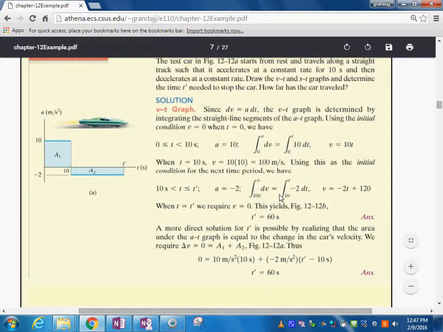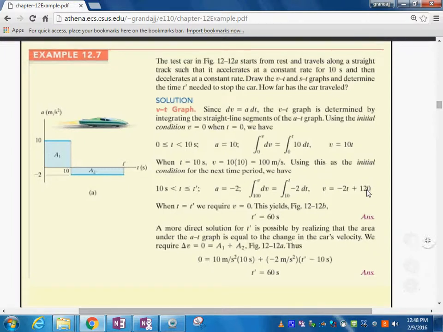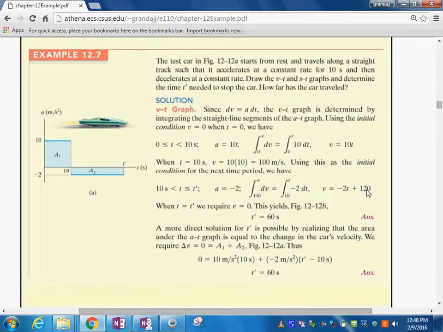Now, this is the diagram of the velocity versus time. If we want the diagram of the position versus time, then we have a different story.